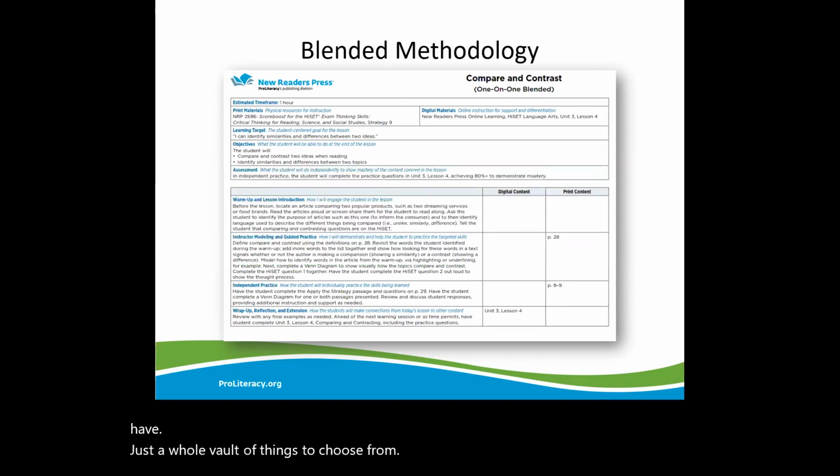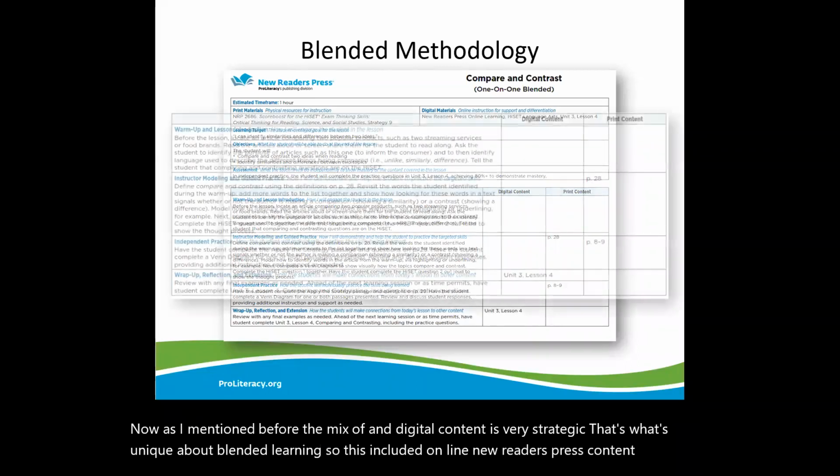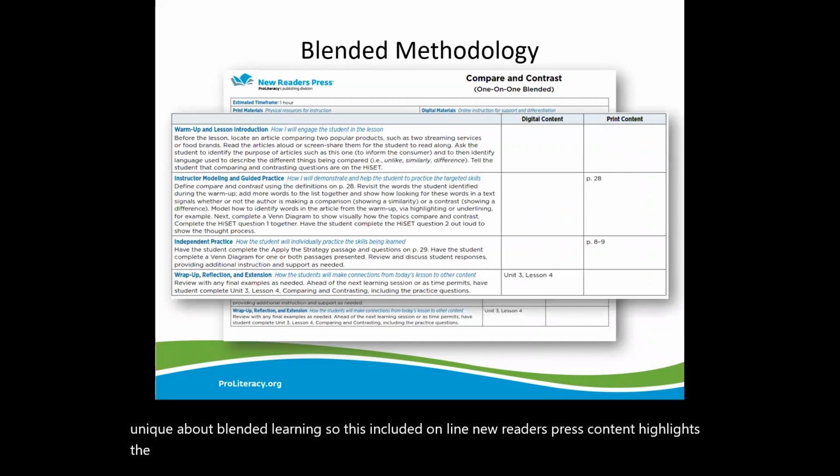Now, as I mentioned before, the mix of print and digital content is very strategic. That's what's unique about blended learning. So the included online New Readers Press content highlights the corresponding online unit and lessons that give additional out-of-class practice for the student.